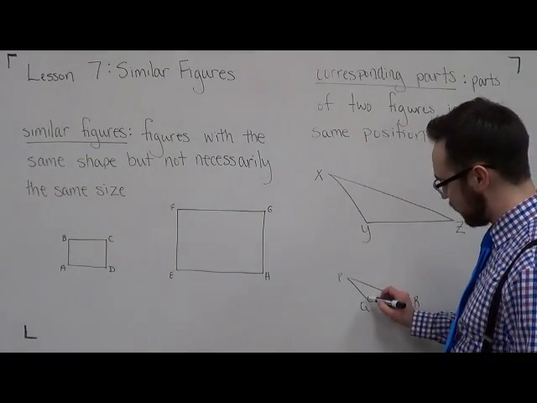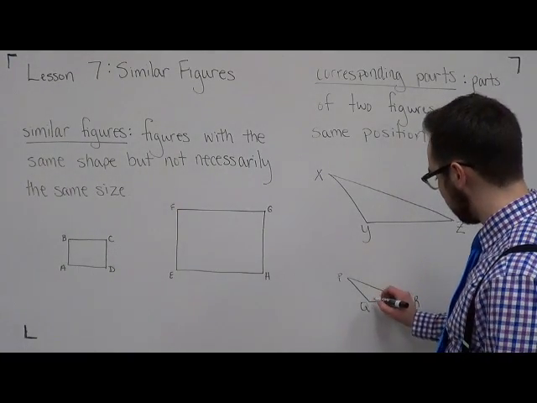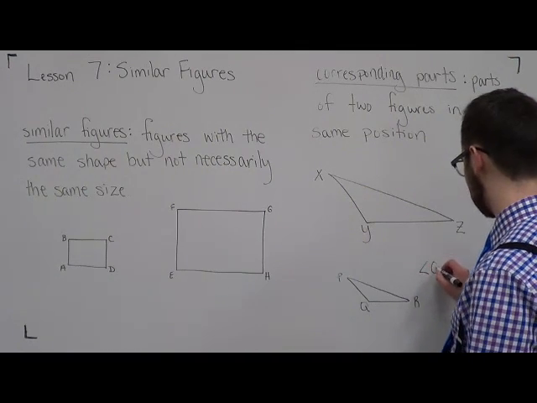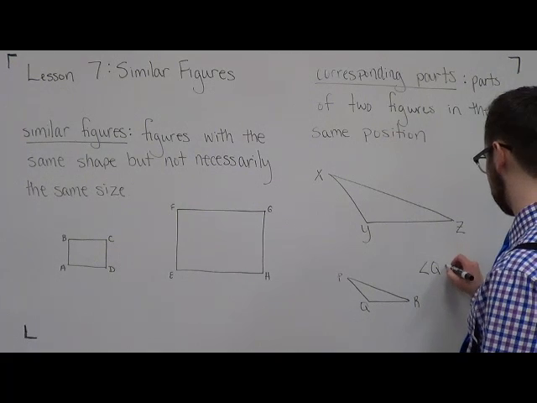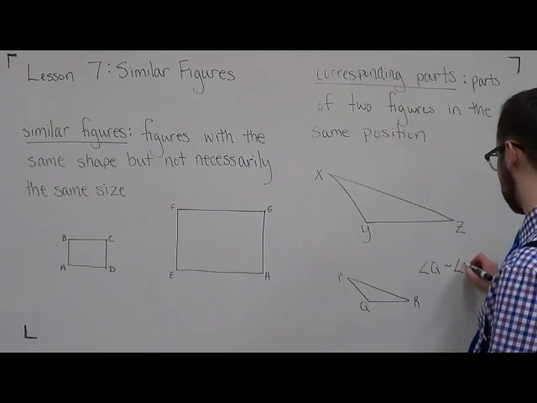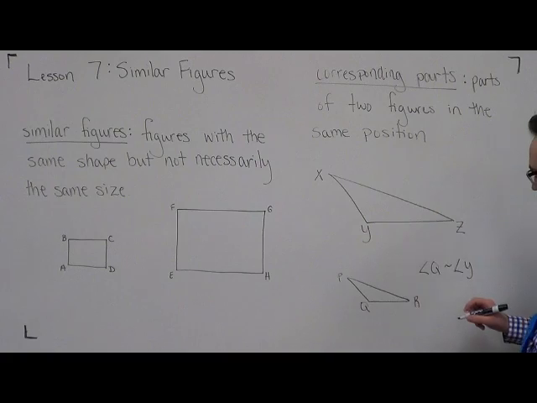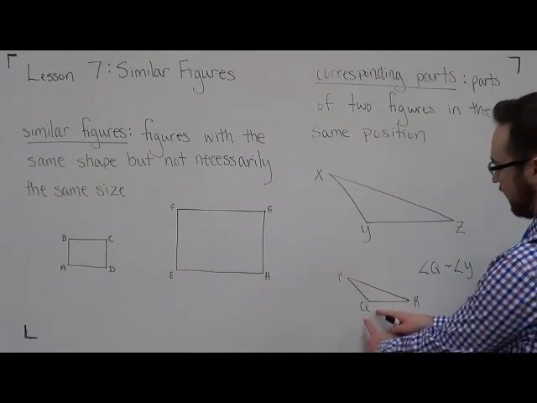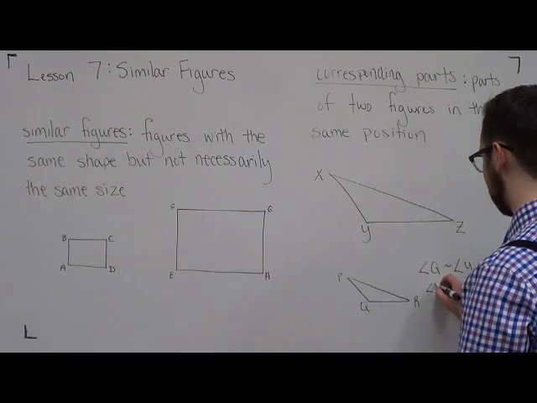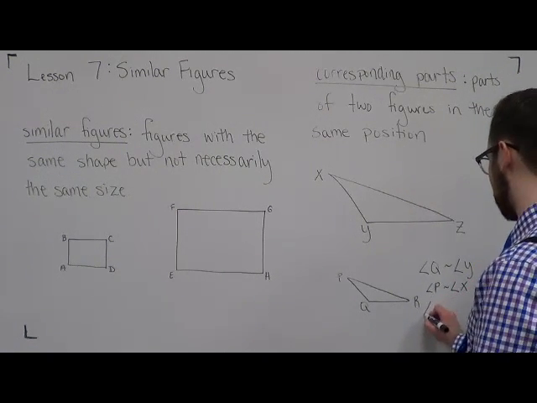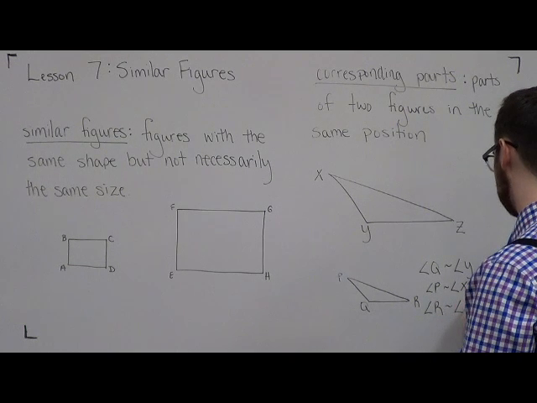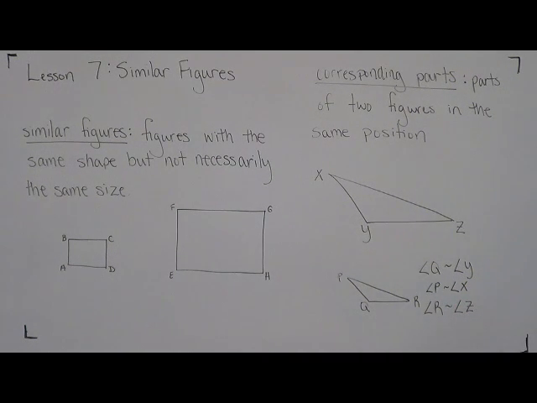Notice my really large angle, the one that's here, Q. We say angle Q is in the same position as angle Y. Then going off of that, if we go in this direction, angle P would be in the same position as angle X, and then angle R would be in the same position as angle Z. Those little L shapes are what we use to represent angles.